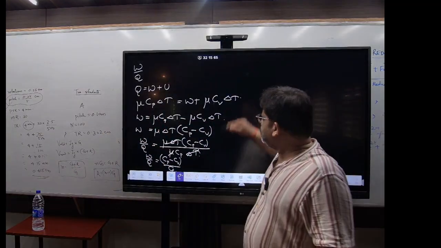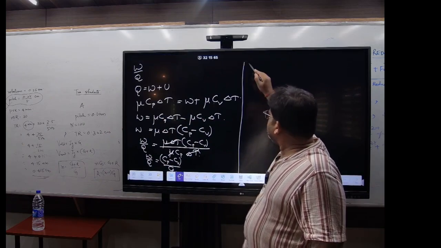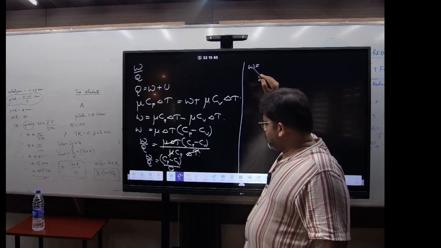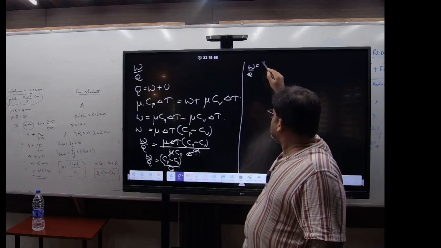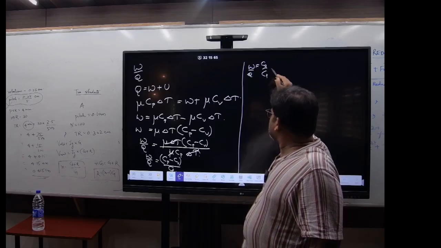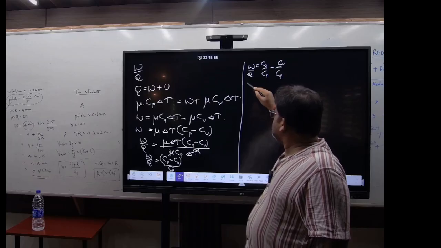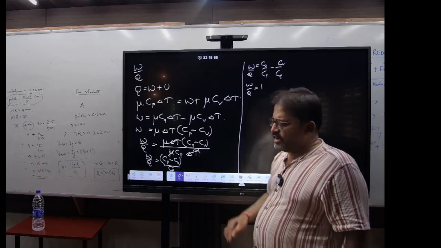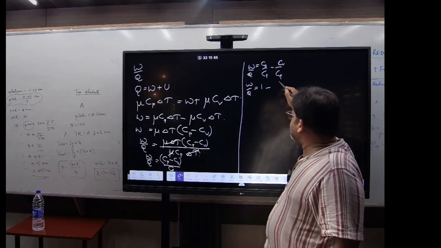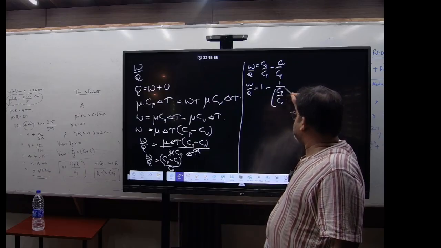Now expand this. W by Q is equal to Cp by Cp minus Cv by Cp. So W by Q will remain as it is. Cp by Cp is 1. Cv by Cp we can write as 1 divided by Cp by Cv.